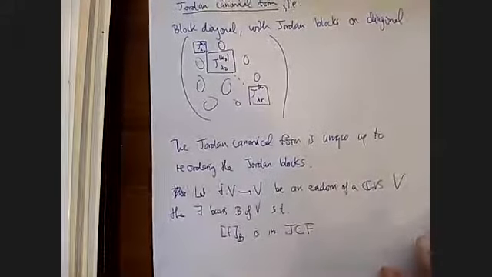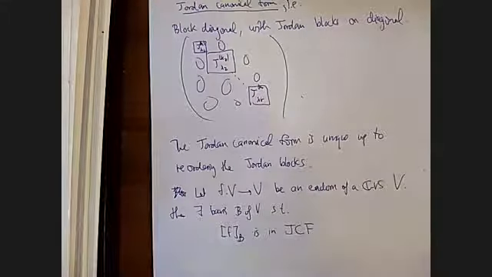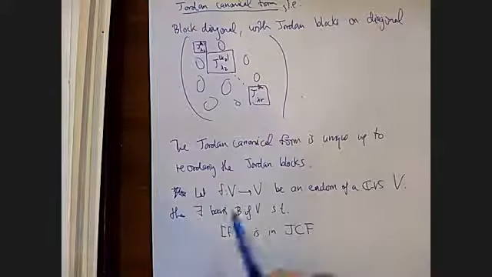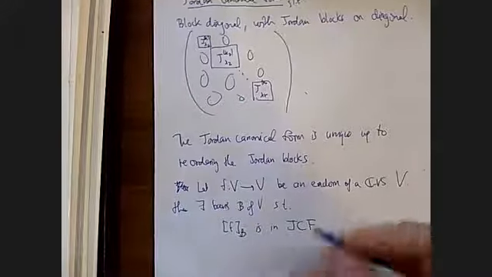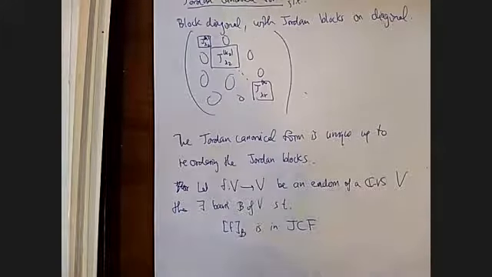And you can similarly call endomorphisms similar if they have similar matrices, etc., and you get the classification in terms of Jordan canonical form.